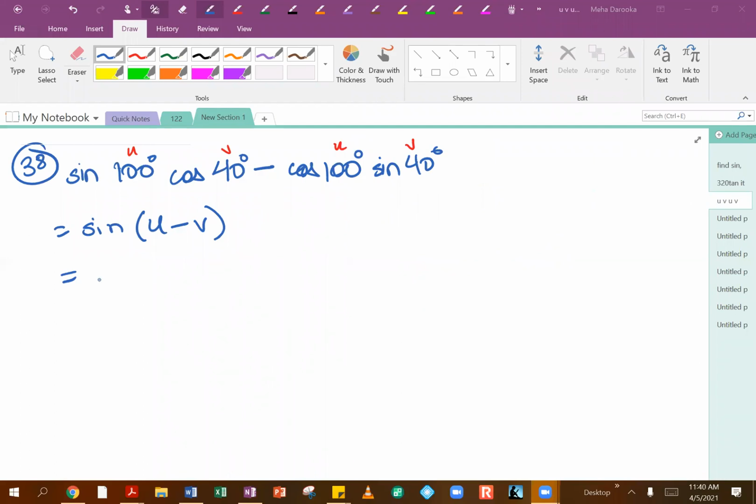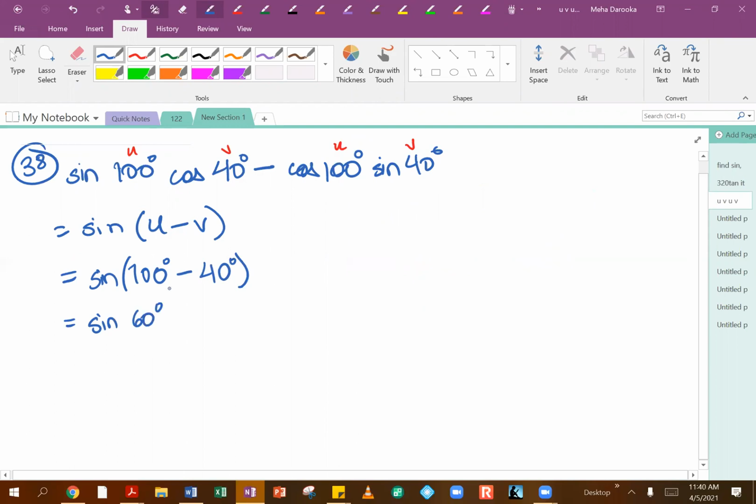Because you've got sine of 100 degrees minus 40 degrees, and this will come out to be sine of 60 degrees.